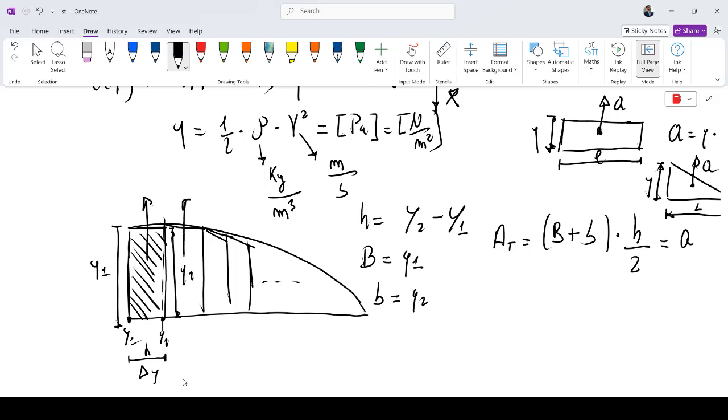The summation of all the load that I can calculate is the Q, this Q, okay? And VA is equal to minus Q.